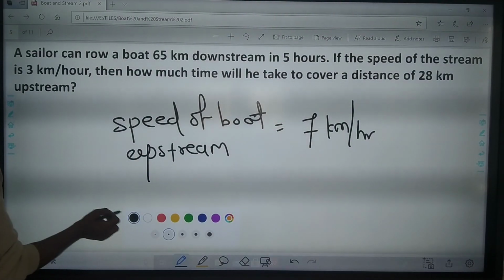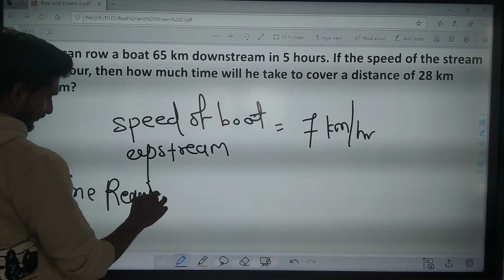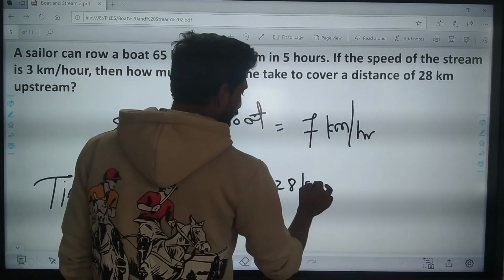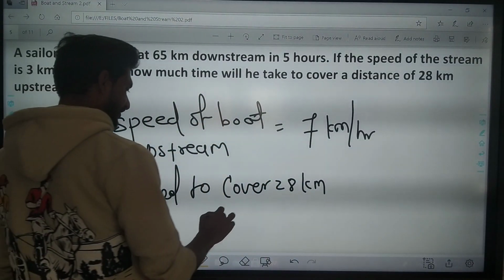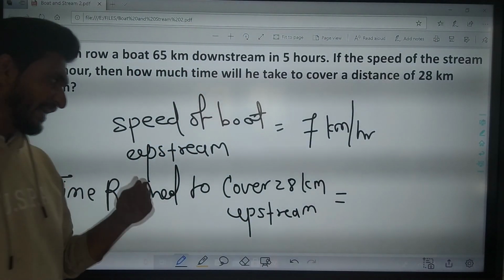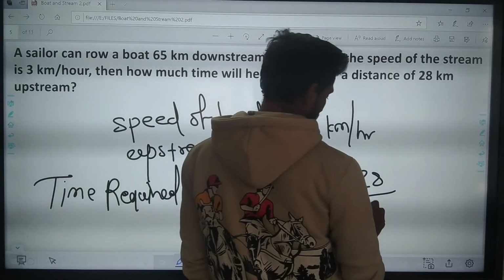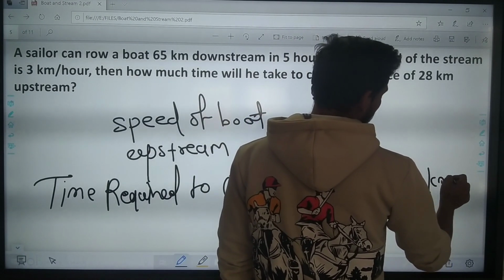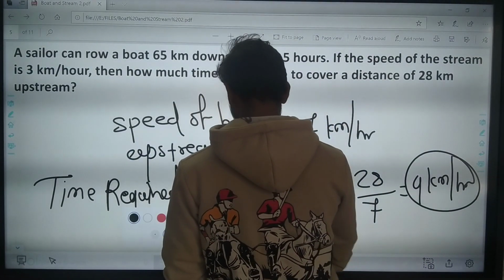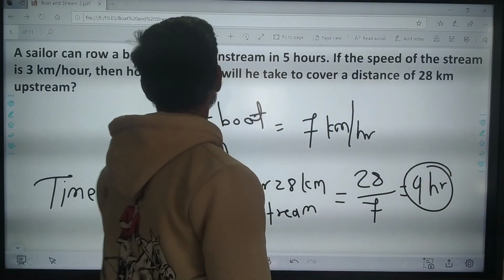Time is distance upon speed. Your distance is 28 km and your speed is 7. 28 divided by 7 is 4. So the time required to cover 28 km upstream is 4 hours. Then your answer is 4 hours. Now next.